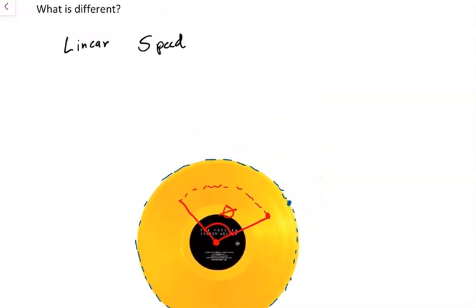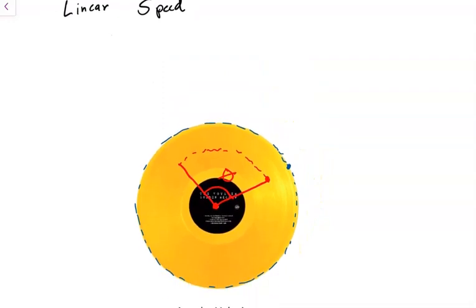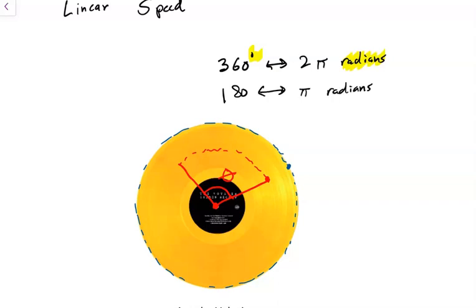Now, I recognize that you might not have the best experience with radians, so just know that you can always have degrees in your mind and say that 360 degrees is the same thing as 2 pi radians. We're just converting here. So that means that 180 is the same as pi radians. And so whether you're traveling one full circle or 360 degrees, it's the same thing as saying you're traveling one full circle as 2 pi radians.